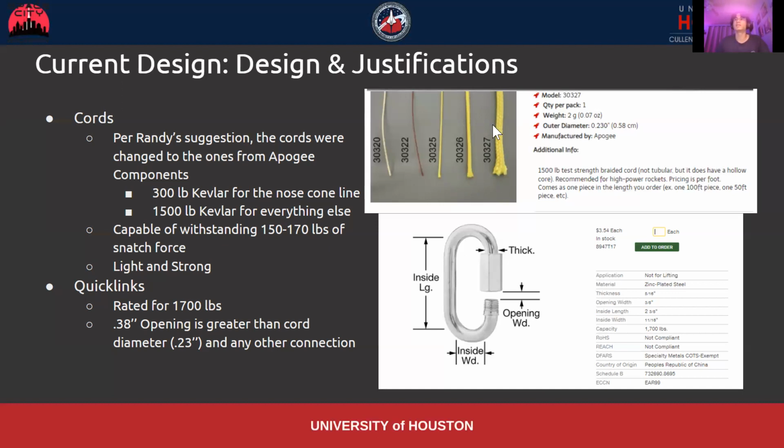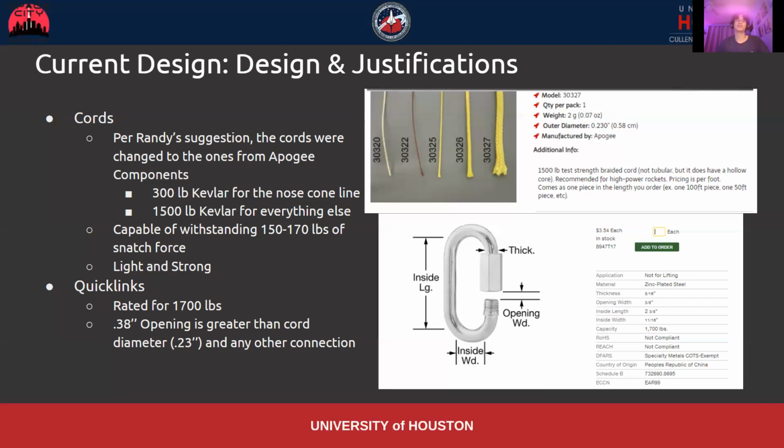And then for the 1,500-pound one, it has a diameter of 0.23 inches, which is really, really good. And it's really light. So these cords, I think, do a significantly better job at reducing our volume and the bulk. And they should be pretty easy to fold.